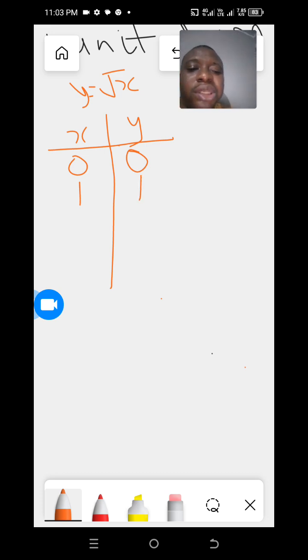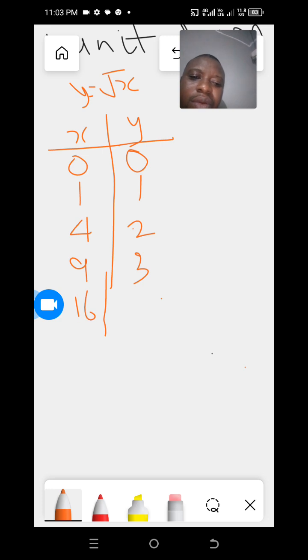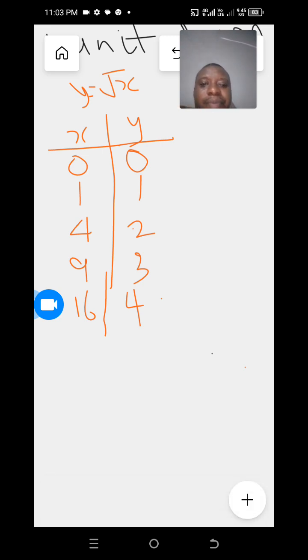I would like to use perfect squares to make my work easier. When it is 4, it will be 2. When it is 9, it will be 3. And when it is 16, we have 4. So that is the parent table.